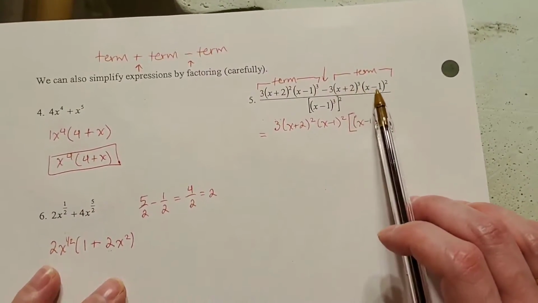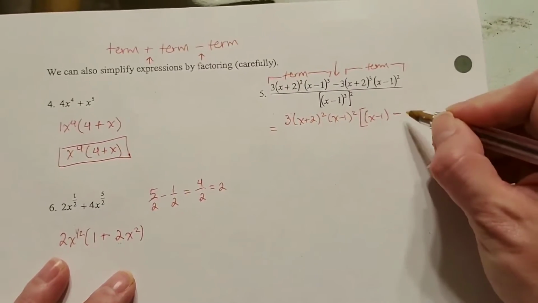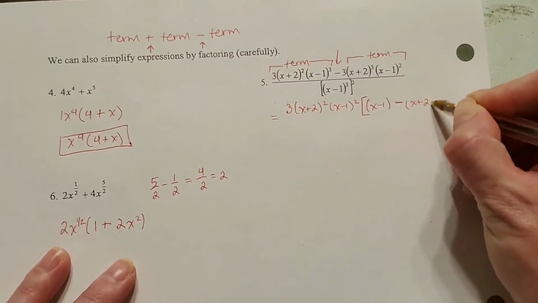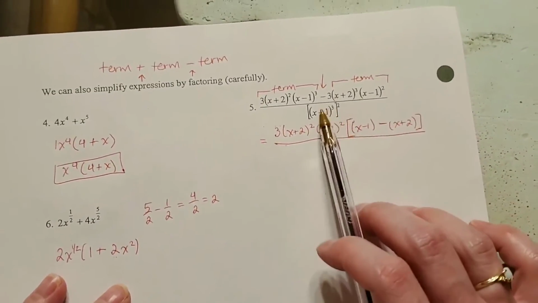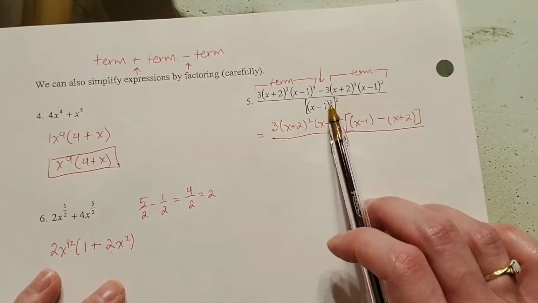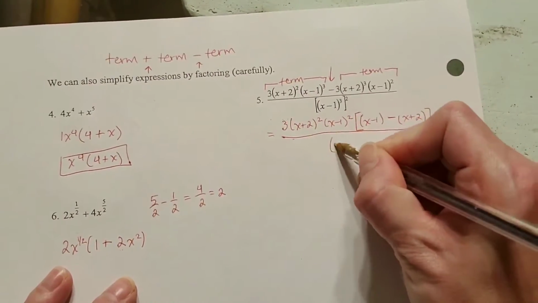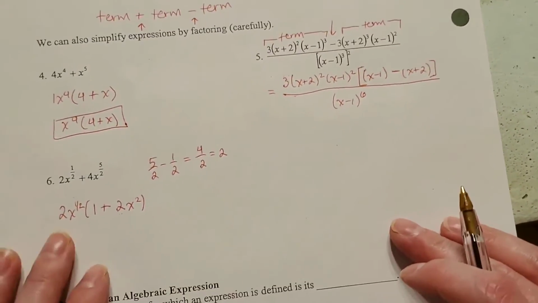The only thing we would have left from factoring this out would be an x plus 2. All over, I'm going to go ahead and simplify this. Here we see a power to a power, so we're going to multiply there. And we're going to have x minus 1 to the 6th, again, because we're multiplying.